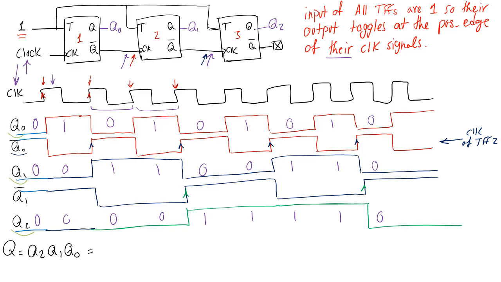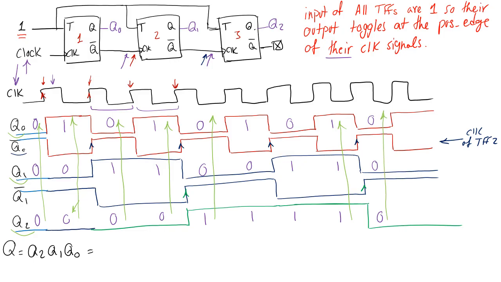If this one is the most significant bit, then I'm starting with 0, 0, 0, that's a 0, then 0, 0, 1, a 1, 0, 1, 0, a 2, a 3, 0, 1, 1, a 4, 1, 0, 0, all the way to 7. The moment I get to 7, the next clock cycle I go back to 0.